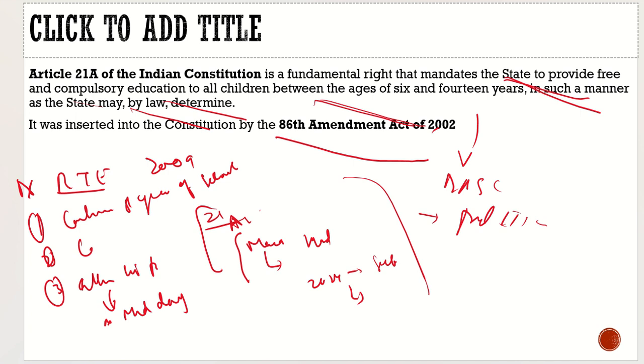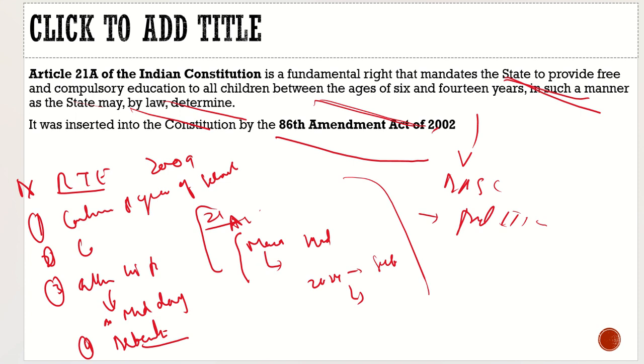Similarly, another thing which was introduced was the no detention policy. You cannot fail a child from this age group, from these classes. You cannot fail a child, but it was highly misused. Because of this no detention policy, it became a no teaching policy, and students knew that they wouldn't be failed, so they started leaving the schools. So it was misread.